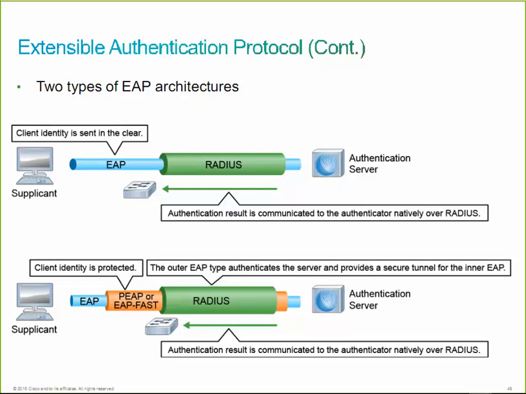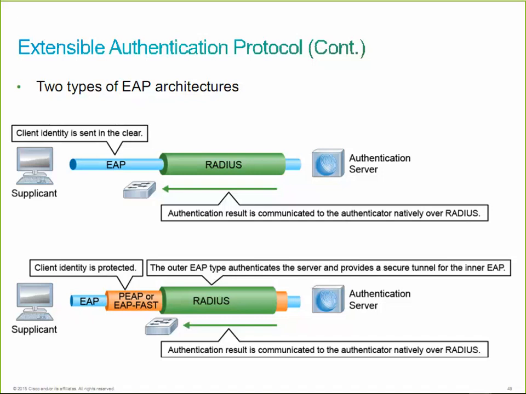Let me talk about some of the common ones that you might see, if I can remember all these. PEAP, for example. PEAP is a tunneled protocol, right? PEAP stands for Protected Extensible Authentication Protocol.